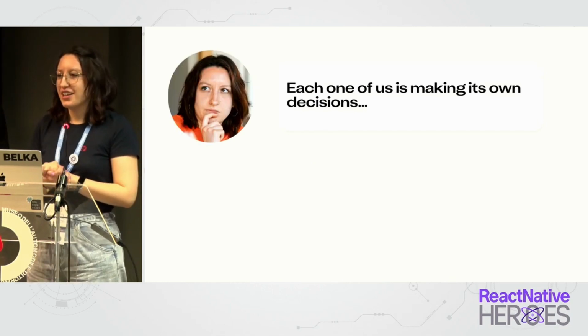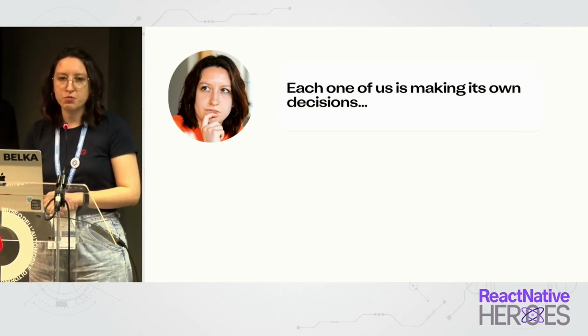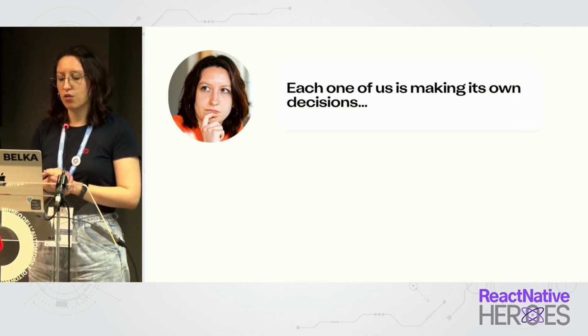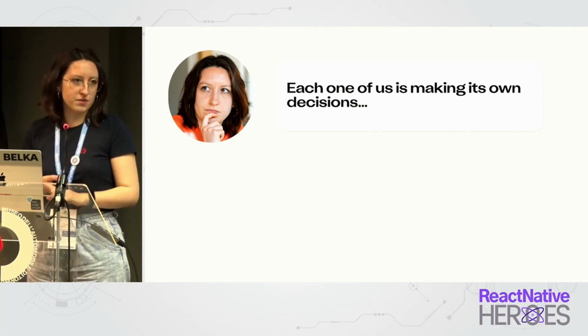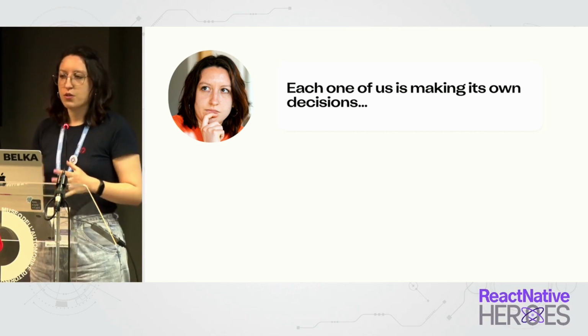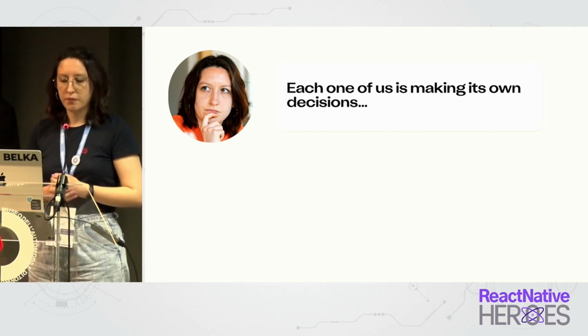The main issue was that each one of us was making their own choices regarding how to write the code, which libraries to use, etc. It wasn't bad, because we still managed to get our job done.